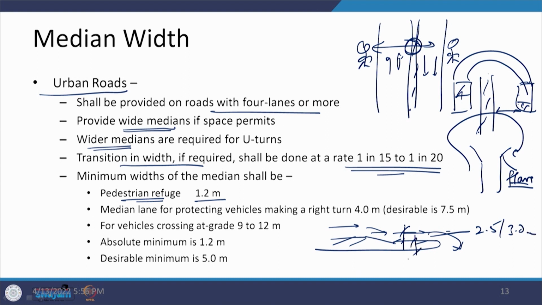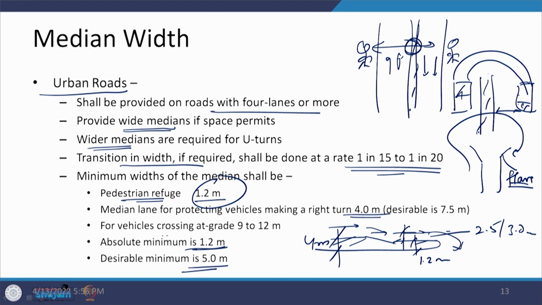And if we take this one as minimum 1.2 meters as we said here, then 2.5 plus 1.2 minimum is 3.7. So, what we are saying is a minimum of 4 meters should be provided at this point. Then absolute minimum is 1.2 meters, whereas desirable minimum is 5 meters.